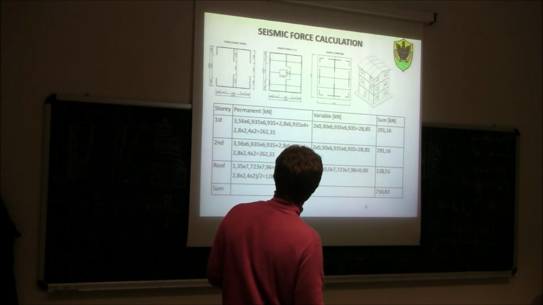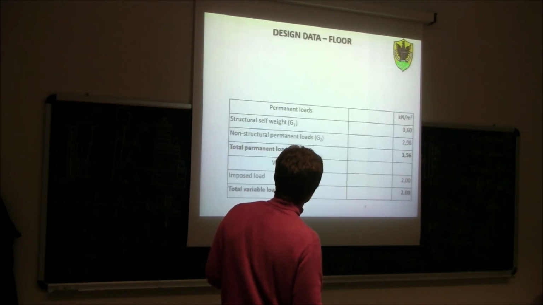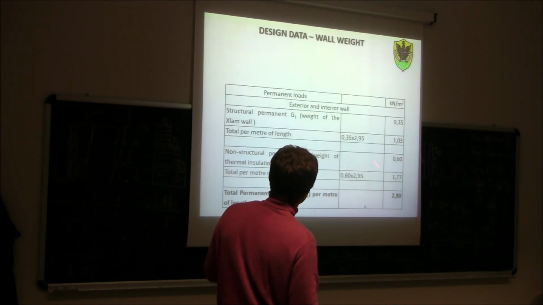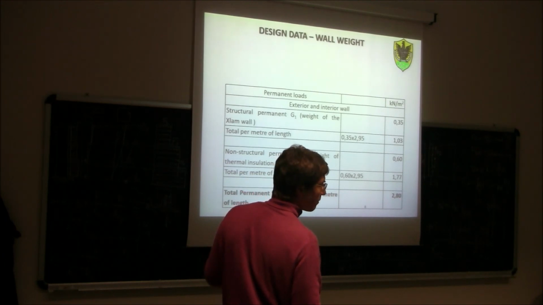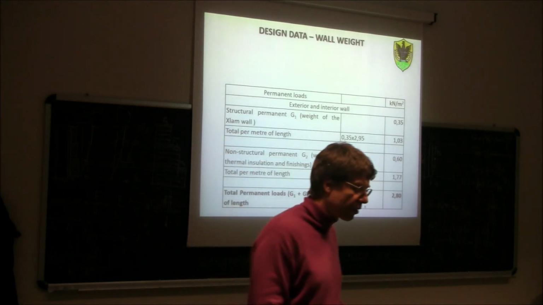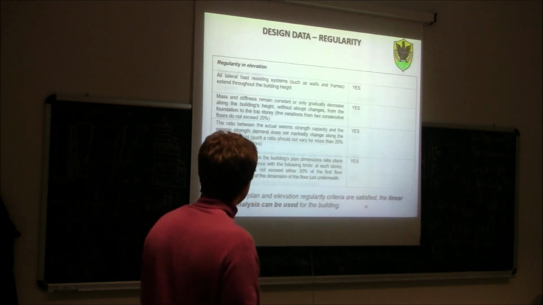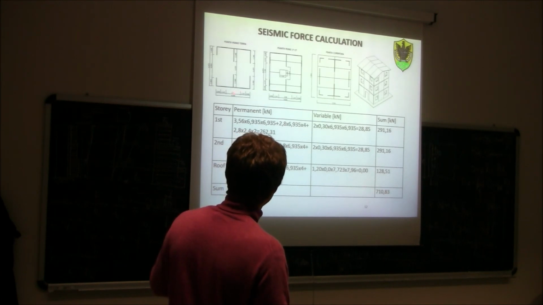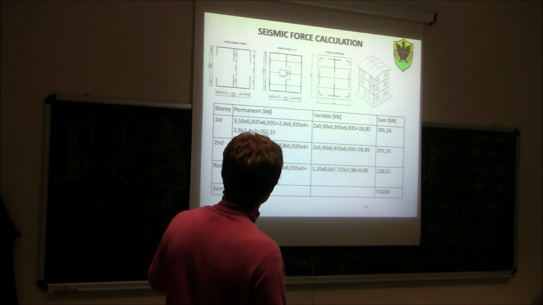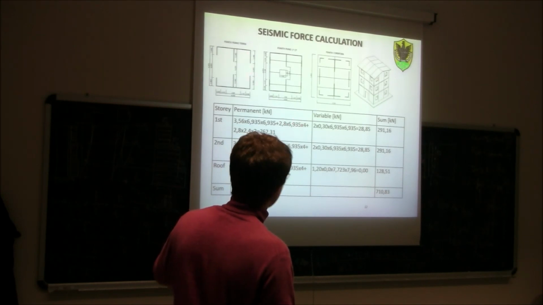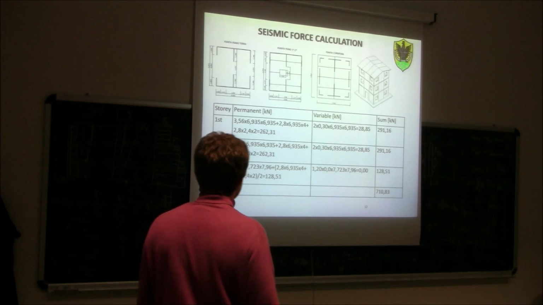To go back to 2.8, you see, is the total permanent load per meter of length. So the total permanent load per meter of length of wall is 2.8. So we need to multiply 2.8 by the total perimeter of the walls, so by 6.935 times 4, if we just ignore the openings of the window here.